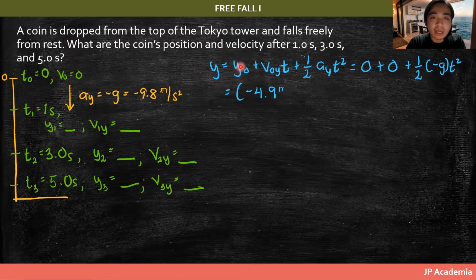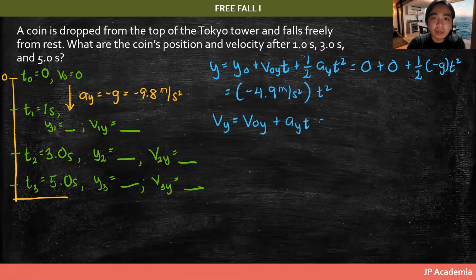Then y naught dito ay 0 din kasi i-assume natin na mag-start siya sa origin. So we only have this term for this equation, yung 1 half negative g t squared, and therefore you will get y na ganito. So y is equal to negative 4.9 meters per second squared times t squared. Okay? So ito expression natin for the position.